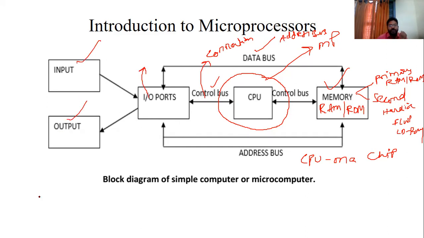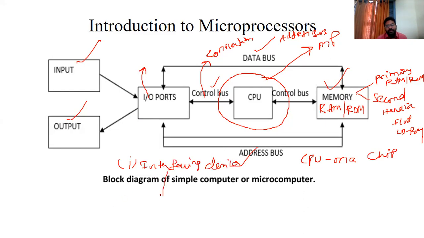In between the CPU and the input, output and memory devices, we have another type of equipment, which we call interfacing devices.